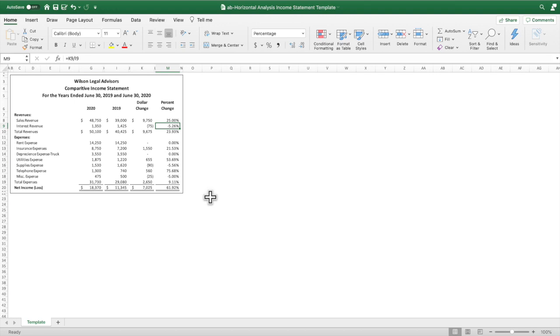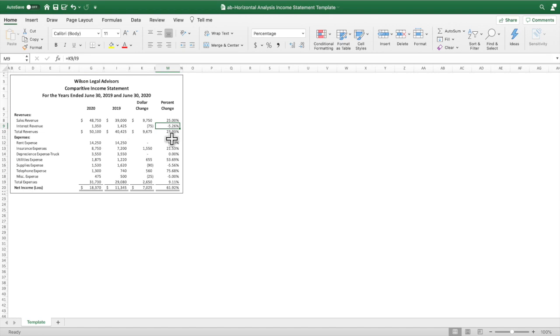When completing a horizontal analysis, account balances are compared across time to determine both the dollar and percent difference between them. Alright, so if we're reading Wilson Legal Advisors Comparative Income Statement here, we see that there was a 25% change in sales revenue. That means our sales revenue increased by 25%.